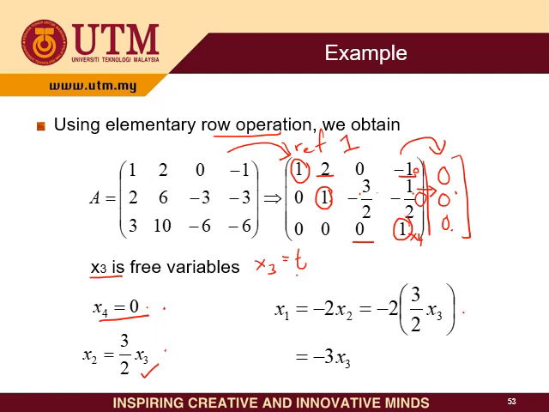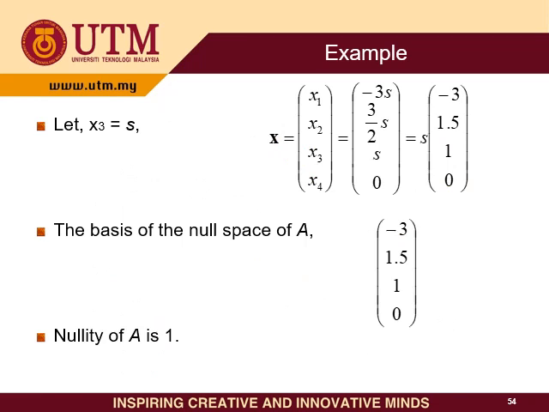This is our x1, and when you multiply it you will get x1 equals negative 3 x3. After you solve that, for this question they give the parameter for x3 as s. In the previous slide I gave it c, but we follow this example.